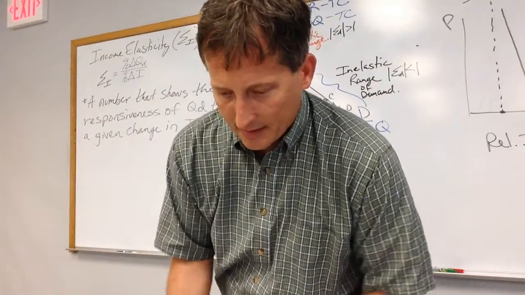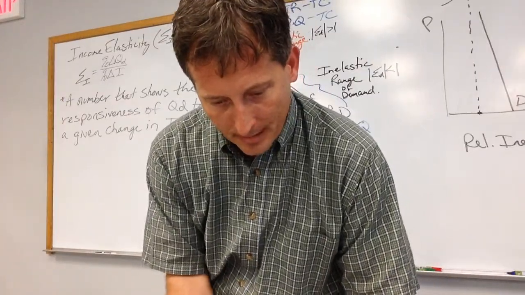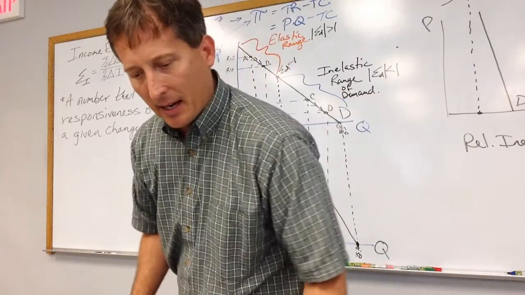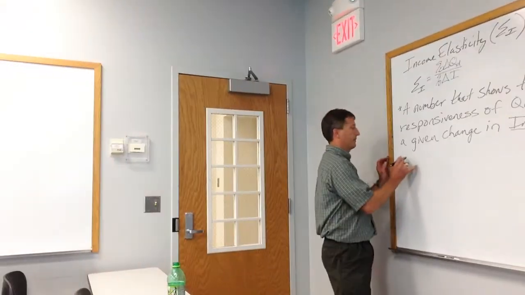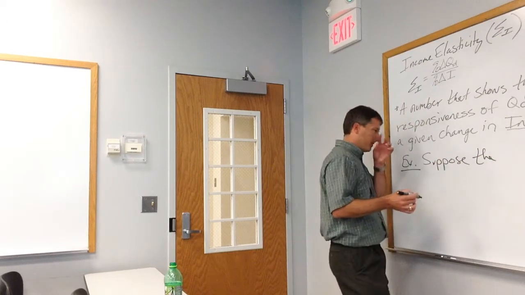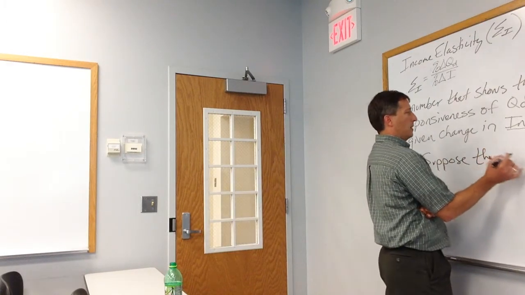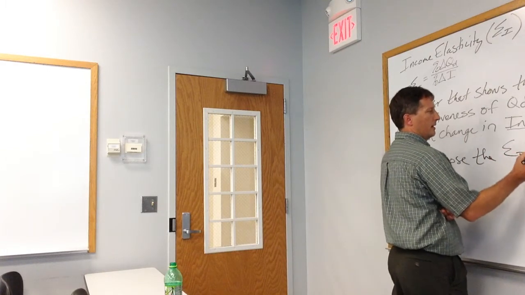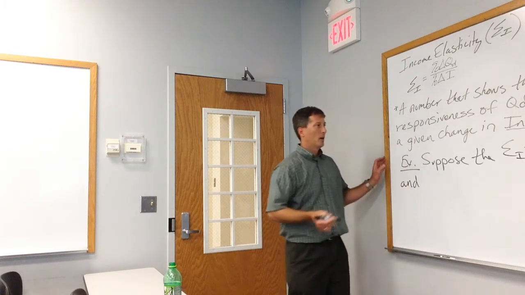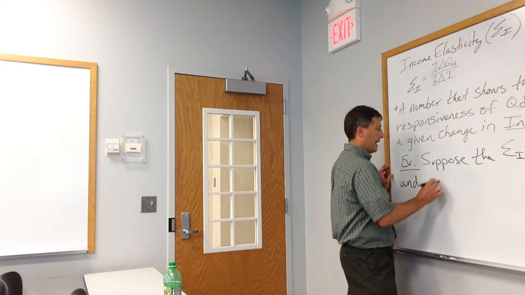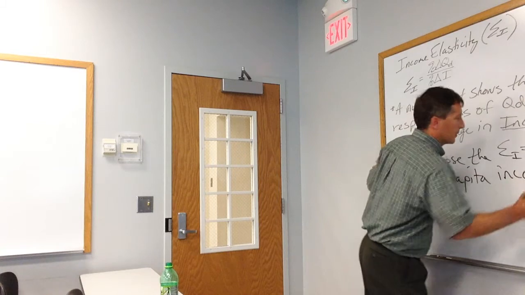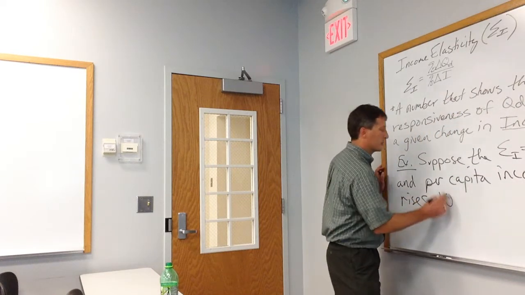So let's do this one with an example. Suppose the income elasticity, I'm sorry, an income elasticity is 1.2, and per capita, which is per person, per capita income rises 10%.